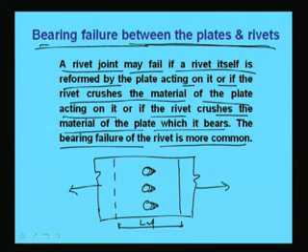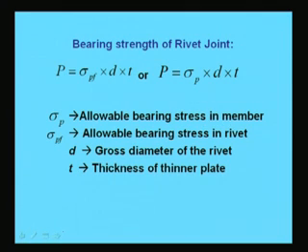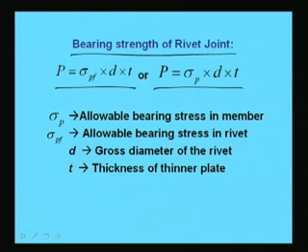So, this is the type of bearing failure, and we can calculate the strength of the joint due to bearing also. From the bearing failure the strength can be calculated as P is equal to sigma Pf into d into t, or P is equal to sigma P into d into t.